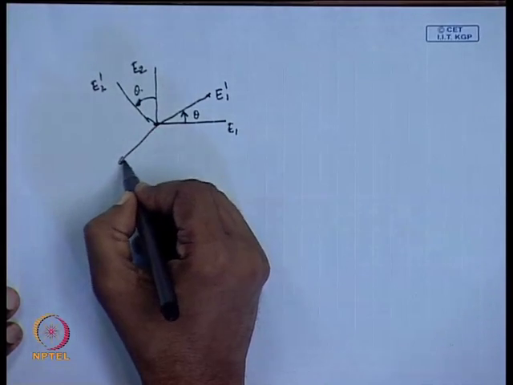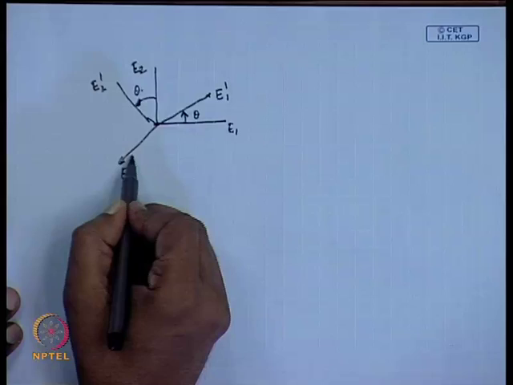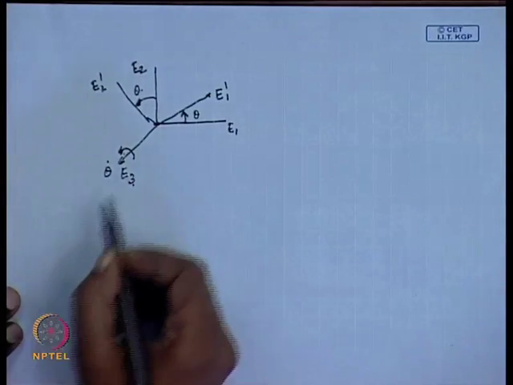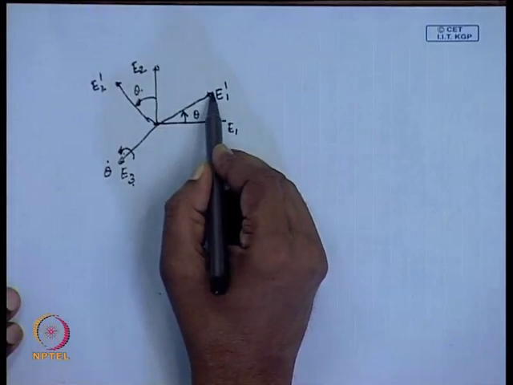We will be rotating about the E3 axis, so we are rotating about this by theta. Theta dot is in this direction, and these two are rotating and coming into this place.